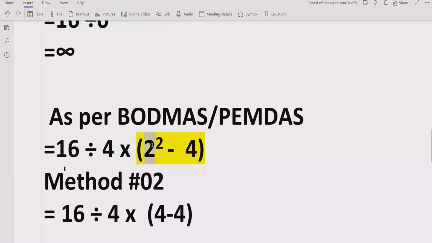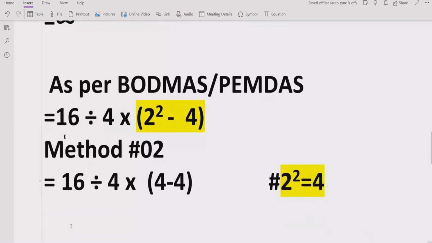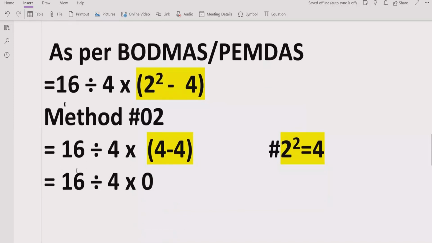Again, we give the reference here: 2 raised to power 2 equals 4. Now, again we have the bracket, so first we will solve this part. Write the other part as it is, and 4 minus 4 equals 0.